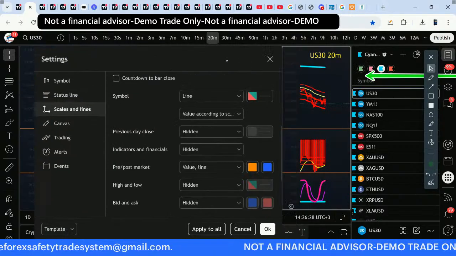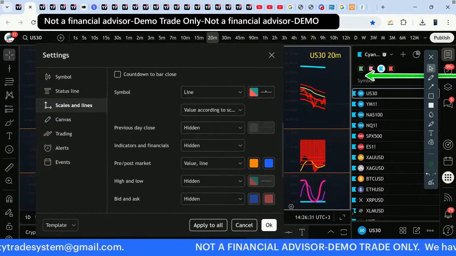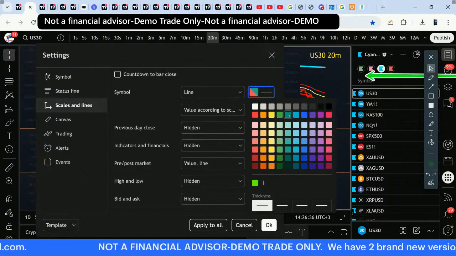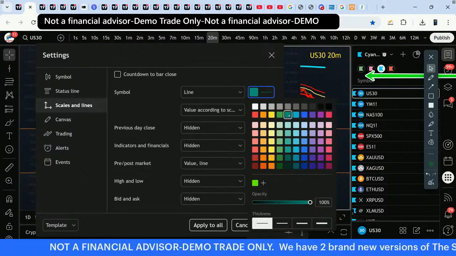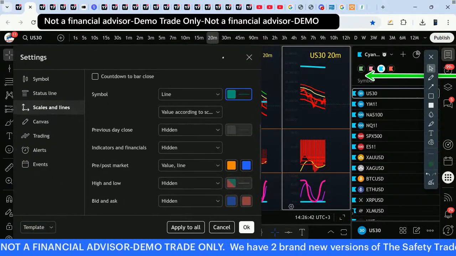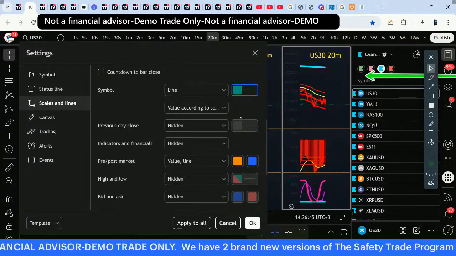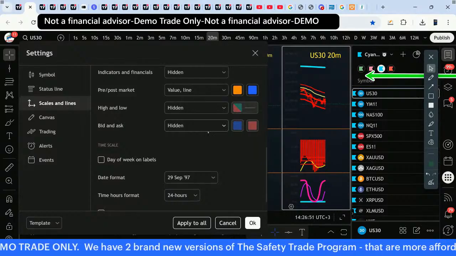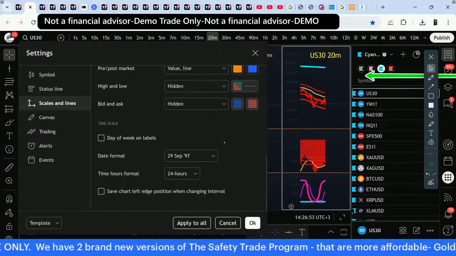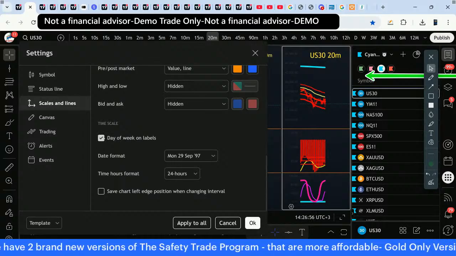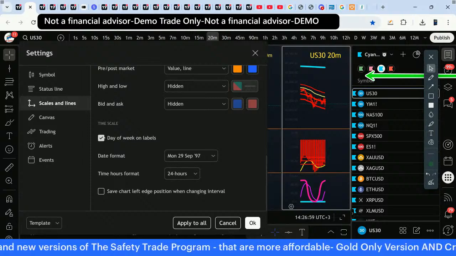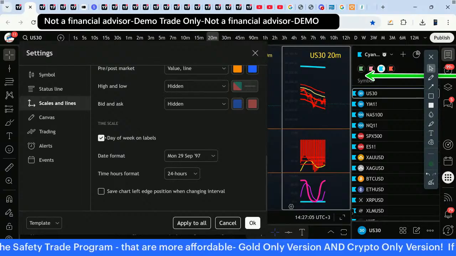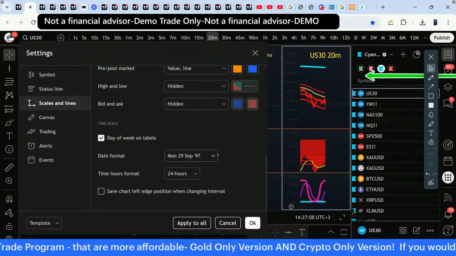The symbol aspects, let's see. Pre, post market. Bid and ask. Day of the week label. I do like the Monday, actually.